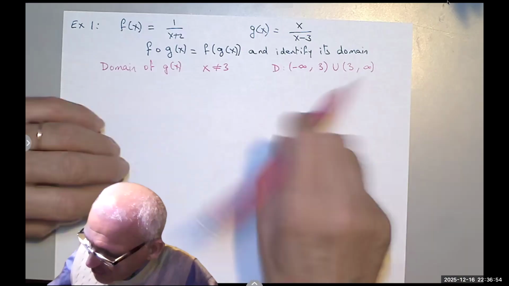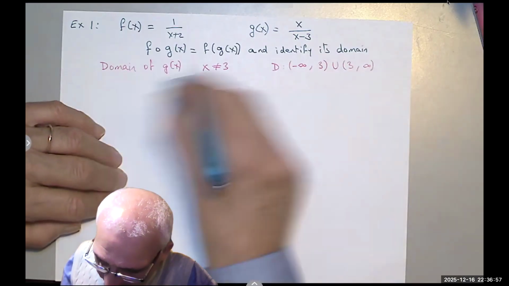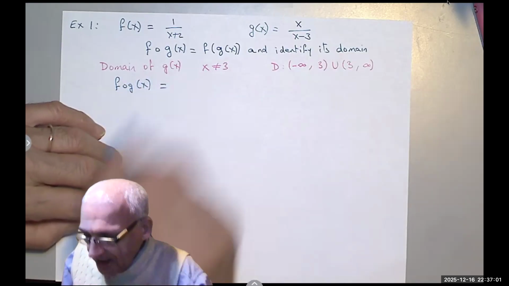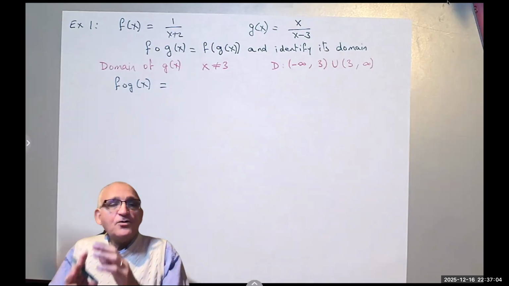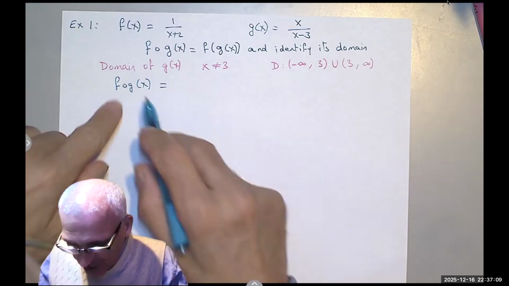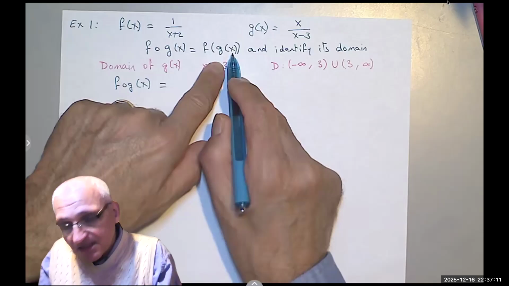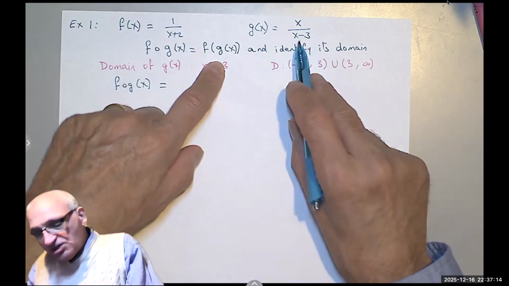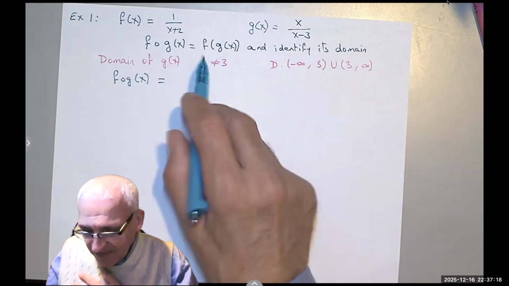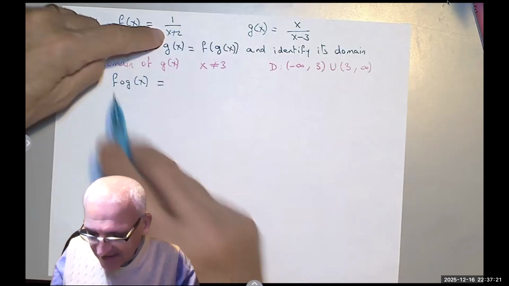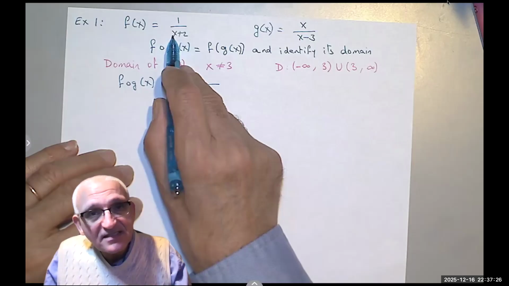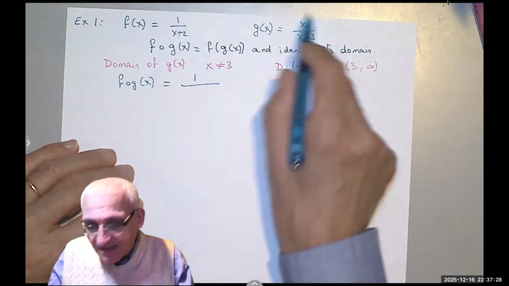Now let's do the composition. F of g of x, what does it mean? When you take a function of anything, so this is a function of g of x, you go to the g of x function. Notice the outer is 1 over x plus 2, but every time you see x, you replace it by this thing.